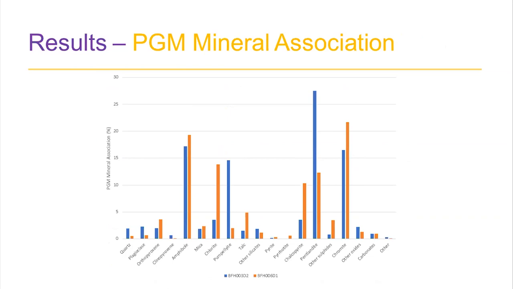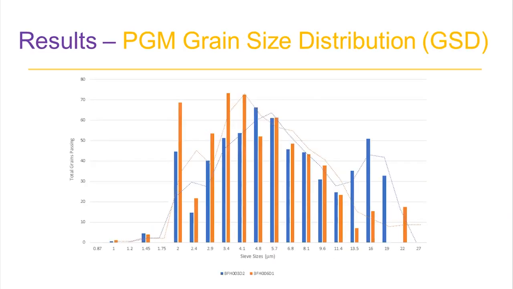The PGMs are mostly associated with base metal sulfides, chromite, and silicate. In the base metal sulfide, they're mostly associated with pentlandite, and with the silicate, they're mostly associated with amphibole. We looked at the grain size distribution. Typically, the grain sizes are between 2 micron and 19 micron.